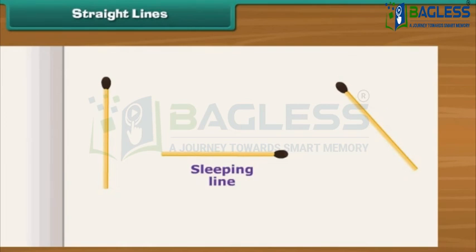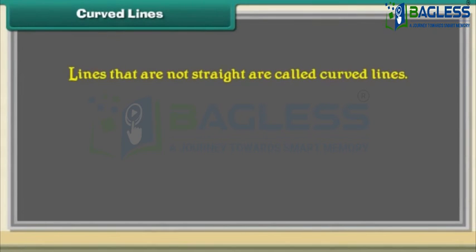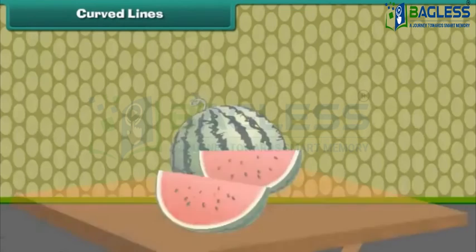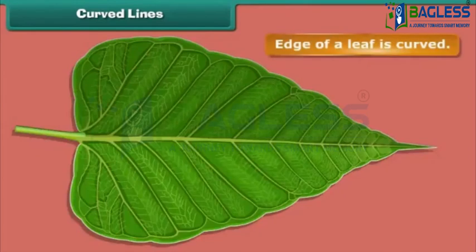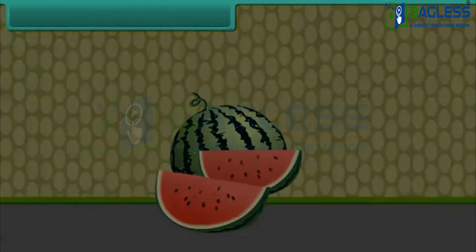Vertical matchsticks make standing lines. Slanting matchsticks make slanting lines. Curved lines. Lines that are not straight are called curved lines. A cut watermelon is curved. The edge of a leaf is curved.